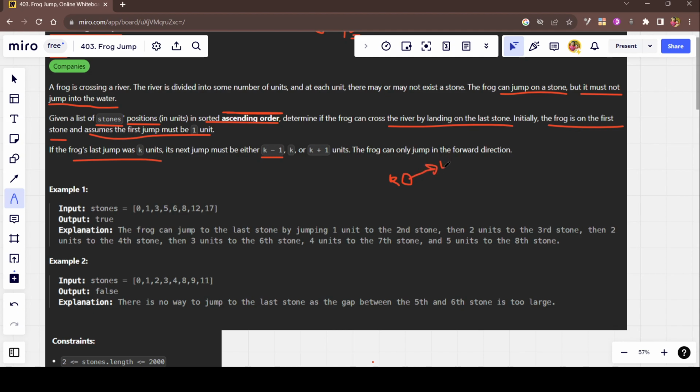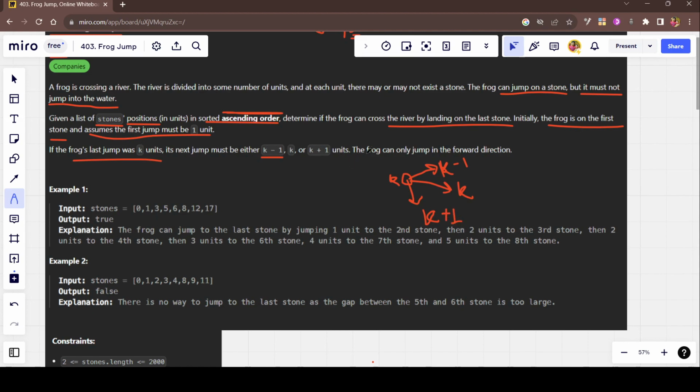It can jump k minus 1 unit. It can jump the same unit, that is k, and it can jump k plus 1 unit. So it has three choices.